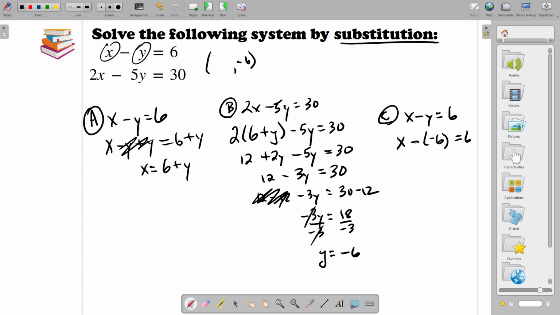This is x minus a negative is x plus 6 equals 6. If we subtract 6 and subtract 6, these add out. So do these. We get x equals 0. So the solution to that system is the point 0, negative 6.